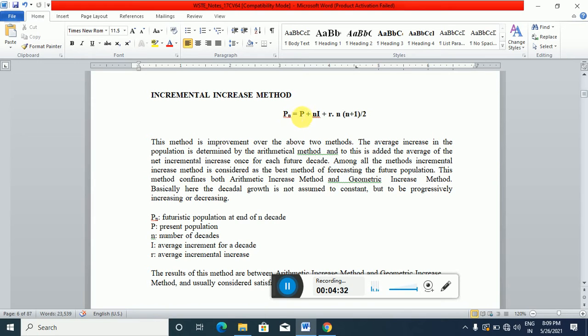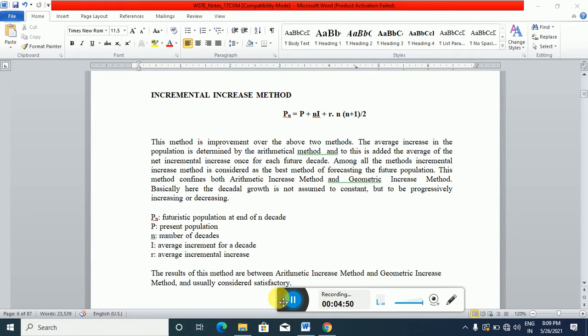P is the present population, N is the number of decades, I is the average incremental increase for a decade, and R is the average incremental increase. Once you solve one problem, you will come to know about these terminologies.